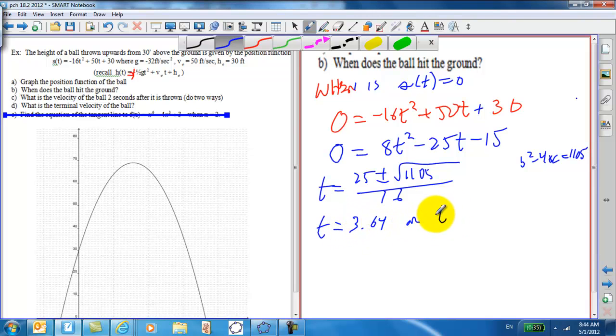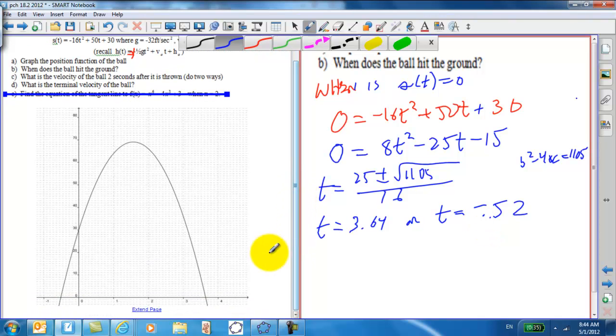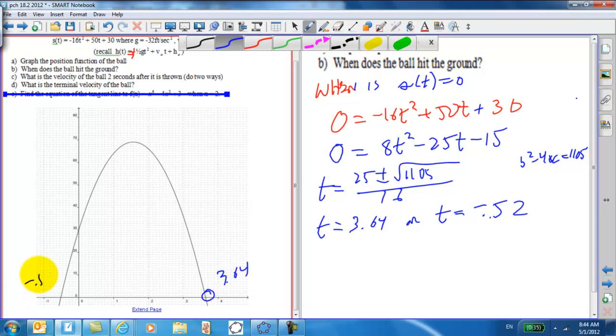Or, if we do the minus answer, time equals negative 0.52. And you can see how, from our picture, the 3.64 makes a lot of sense. That's where it hits the ground. This negative 0.52 doesn't seem to make sense because it goes back in the past.